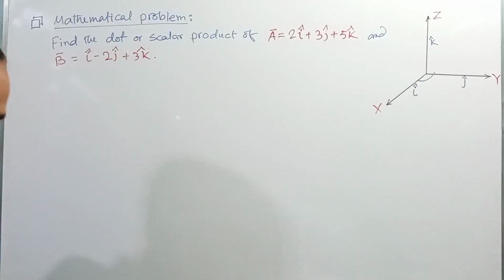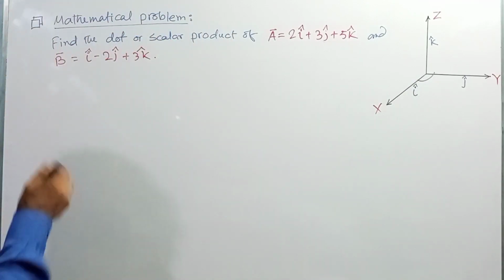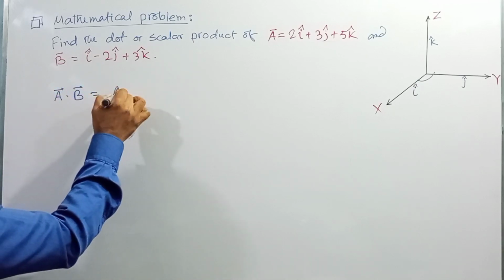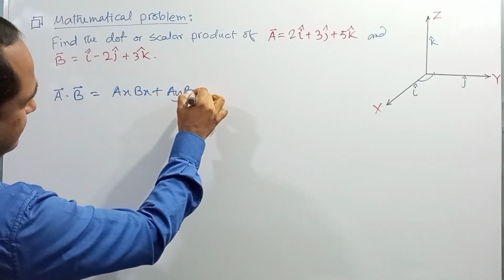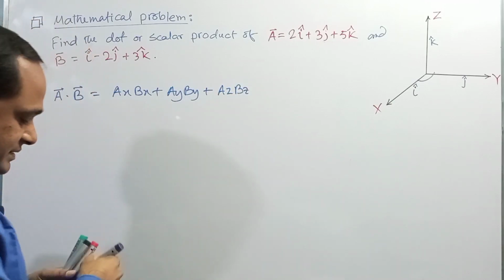In our earlier discussion we have learned that the dot product of two vectors resolved in three-dimensional coordinate system can be expressed as a dot b is equal to ax bx plus ay by plus az bz.